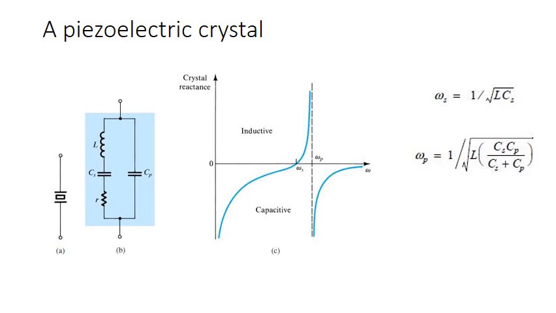This is the circuit symbol, and the equivalent circuit of the piezoelectric crystal. The crystal equivalent circuit, diagram B, is a series-parallel RLC circuit and can operate either in series resonance or parallel resonance.